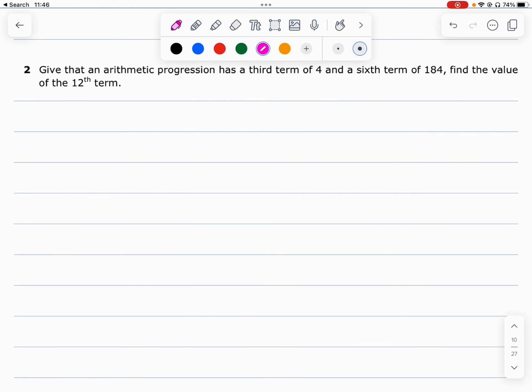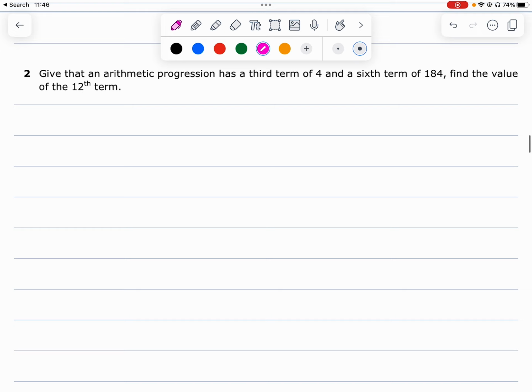Question number 2. Given that the arithmetic progression has a third term 4 and sixth term 184. Third term means first term plus 2d equals 4. And sixth term means first term plus 5d equals 184.